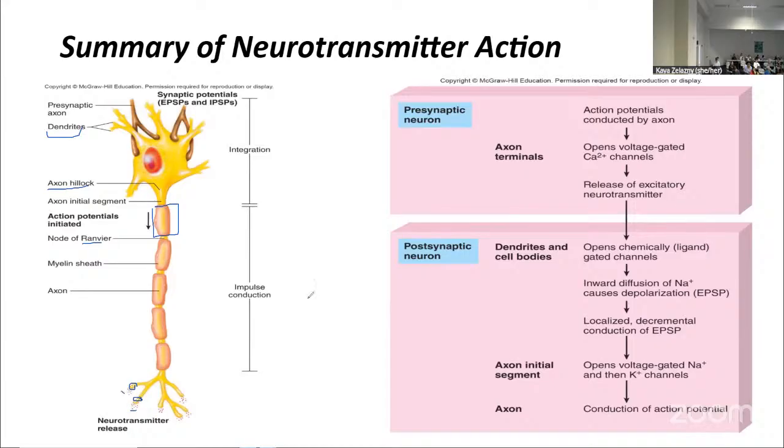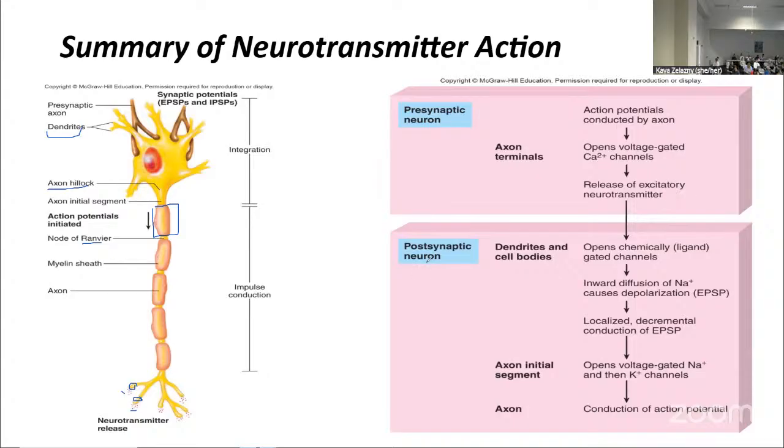Okay. So we know in terms of information flow that what has happened is we've gotten action potentials coming down an axon, getting to an axon terminal where we trigger the release of neurotransmitter by affecting these voltage-gated calcium channels that let calcium in and trigger the release of that neurotransmitter from our vesicles.